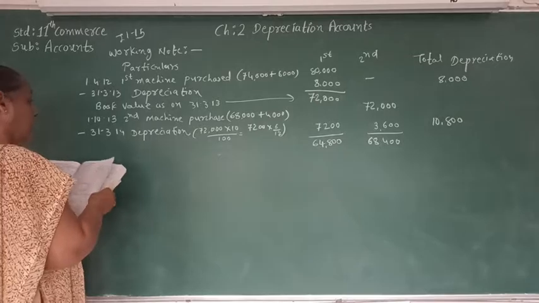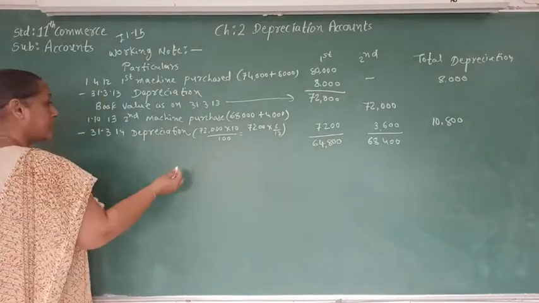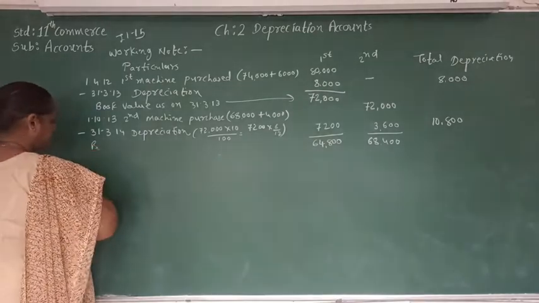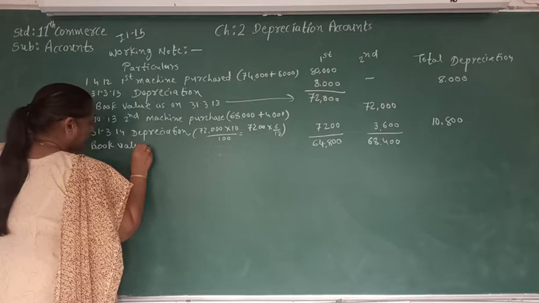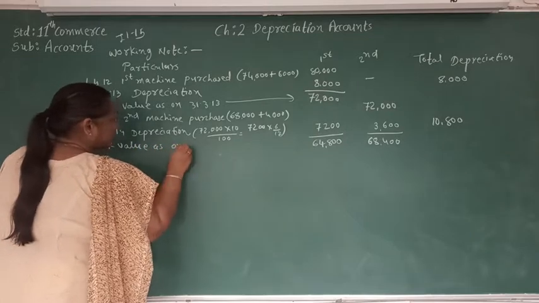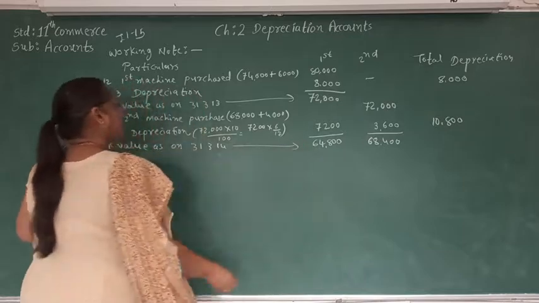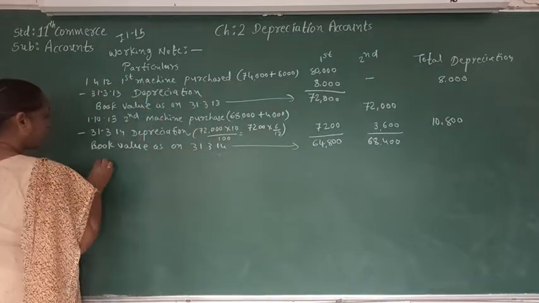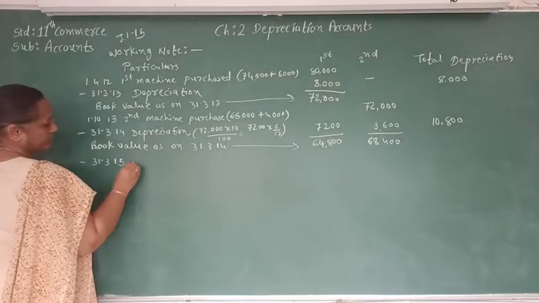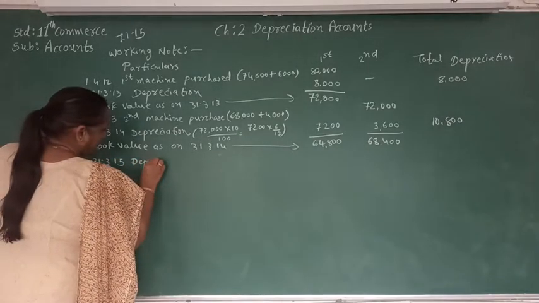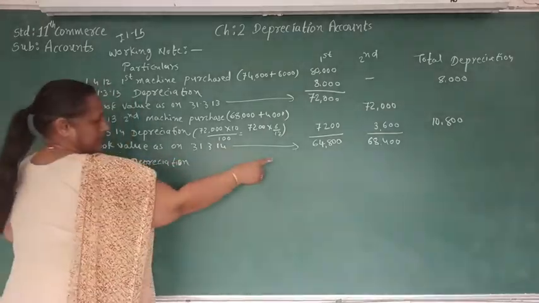Now we are going to use both machines for the third year. So here this is the book value as on 31st 3/14, and now we have to calculate depreciation again up to 31st 3/15. Depreciation will be at the rate of 10%.